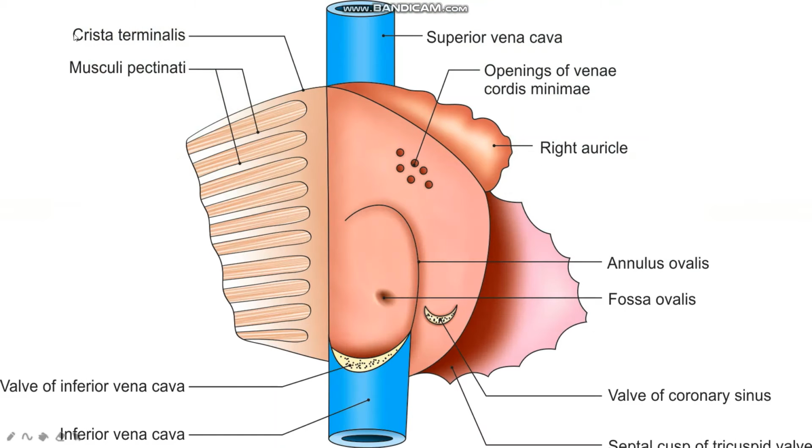In this diagram we can see the crista terminalis, musculi pectinati, the valve of the inferior vena cava, the valve of the coronary sinus, the septal cusp of the tricuspid valve, the right auricle, and the openings of venae cordis minimi and the superior vena cava.